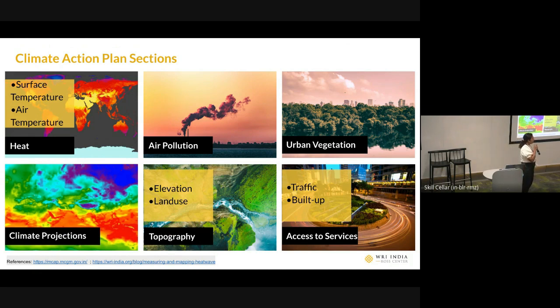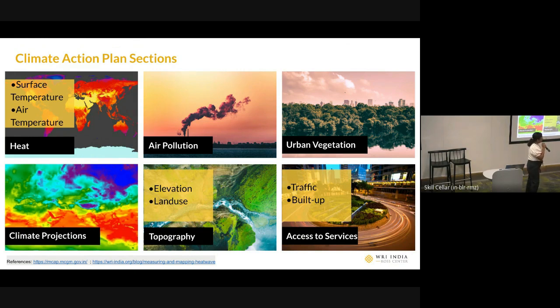But these data sets have limitations in terms of their spatial expanse. So satellite-based data sets like Sentinel come into the picture, and we use these data sets in the Google Earth Engine platform, processing them for monthly and yearly composites to understand the changes in the concentration of these pollutants and how the plumes move.